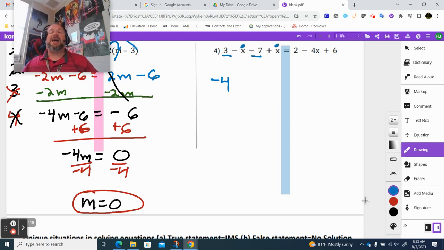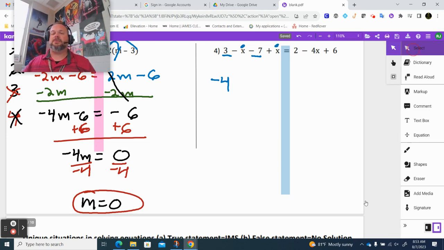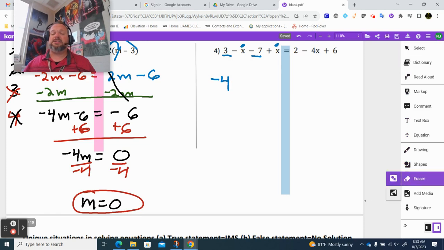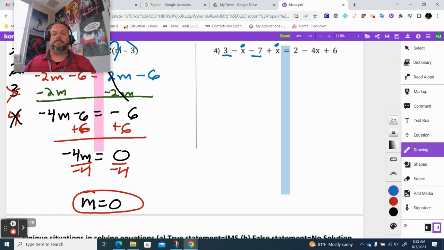Now, I have a -x and a +x. What happens to those? They cancel each other out, just like all x's should. Thank you. All right. So let's look over here. Now we've collected all like terms on the left side. We got this all nice and neat.